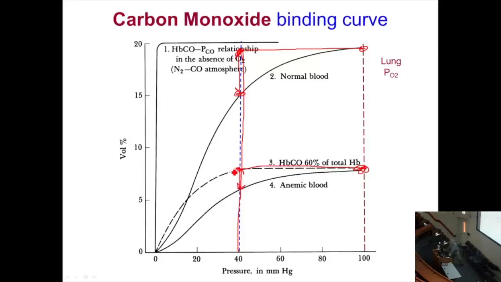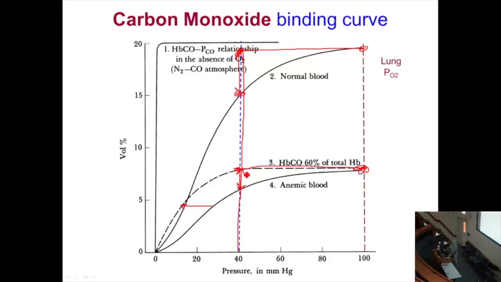The problem is that carbon monoxide has left shifted the dissociation curve. This is like an allosteric effect of carbon monoxide binding tightly to this site, increasing the affinity of the remaining sites for oxygen, which in this case is a bad thing because we're in the tissues and we want oxygen to be released, but it's not because the curve is shifted way to the left.